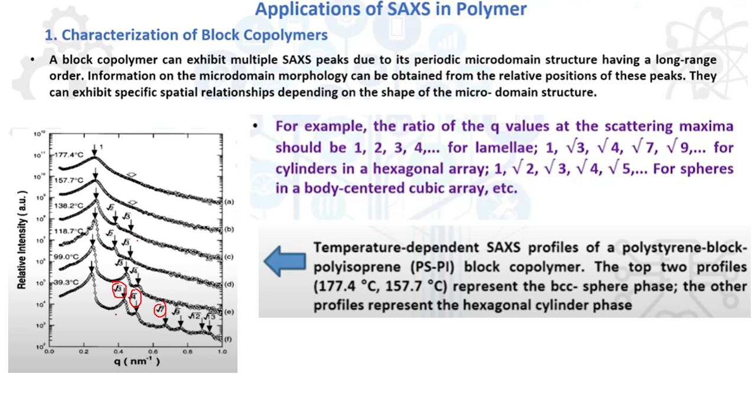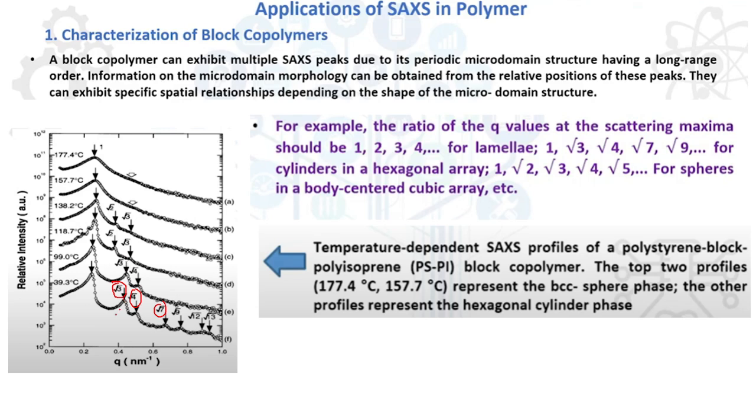Now you can also check by providing temperature. At the same time you are heating or cooling your material and you are checking the SAXS profile. Based on heating or cooling, obviously the crystalline zone will behave differently and you can get different SAXS data from the instrument. For example, if you are heating from 39 degrees to 177 degrees, you see these peaks are reducing.